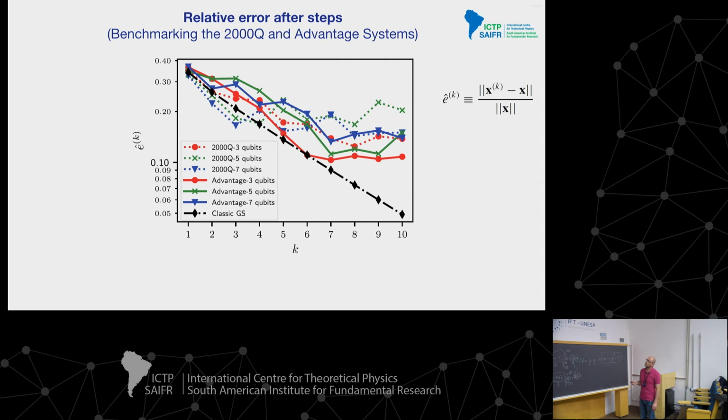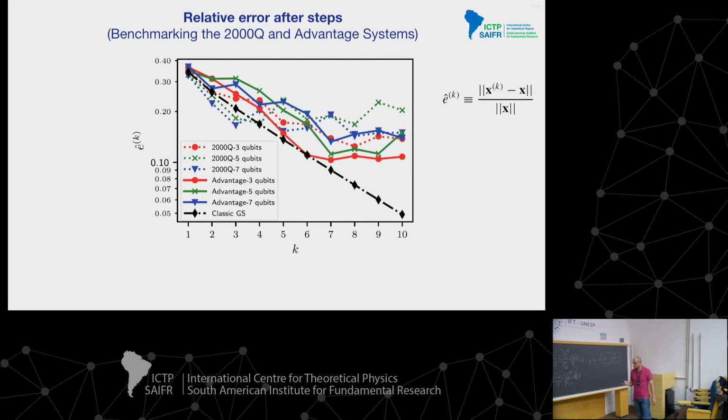Then we obtain that, okay, this is the classical solution using the Gauss-Seidel method. It's possible to observe that the error becomes smaller as you increase the number of steps iteratively, but the quantum computer finds a problem here, that it's not possible to have the same behavior as the classical solution.